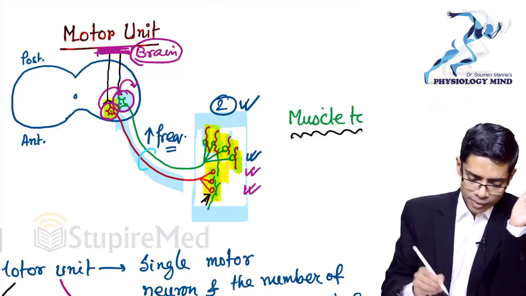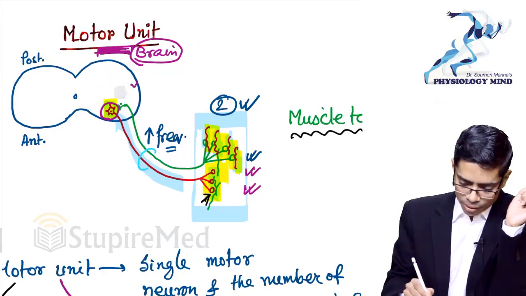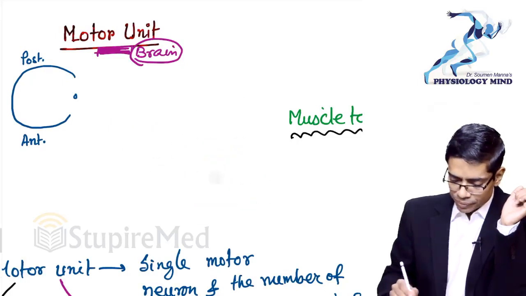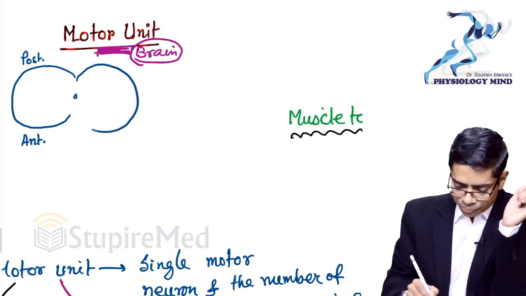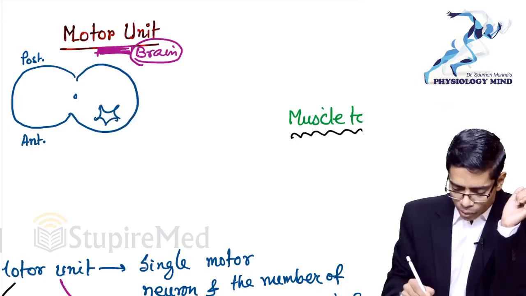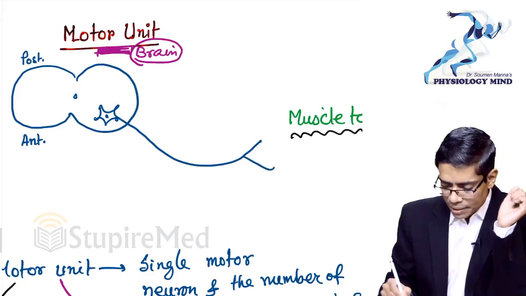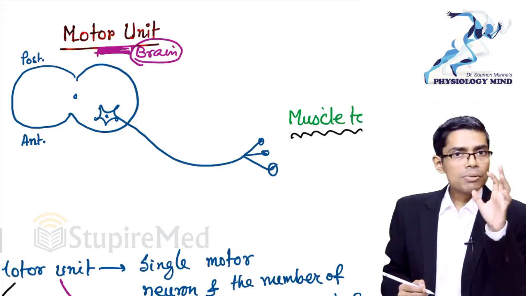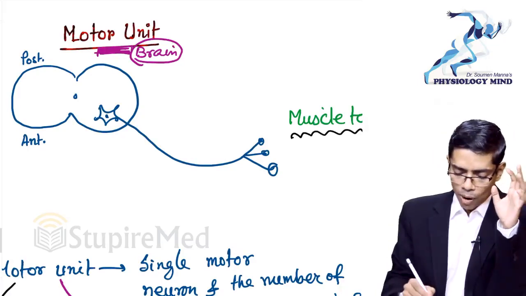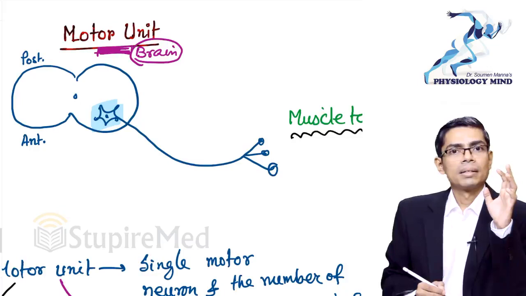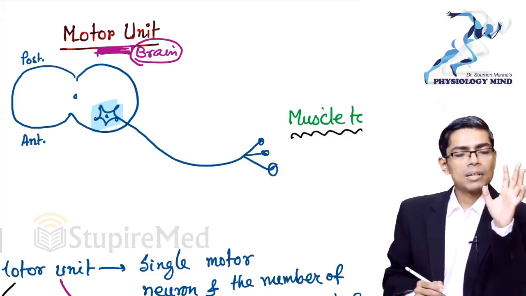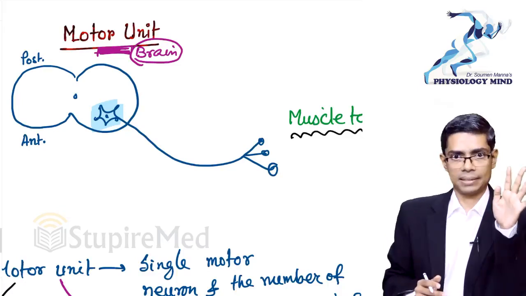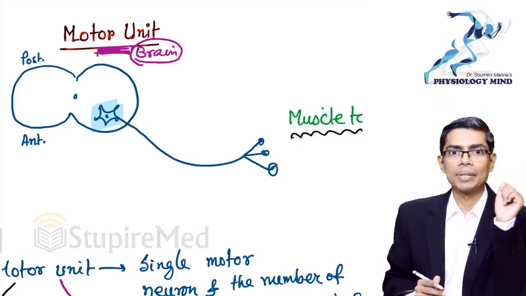Before that, let me delete this and draw. So suppose this is a lower motor neuron supplying a skeletal muscle fiber. Due to disease, suppose this lower motor neuron is going to die, lower motor neuronal disease is starting in your body, what will happen?